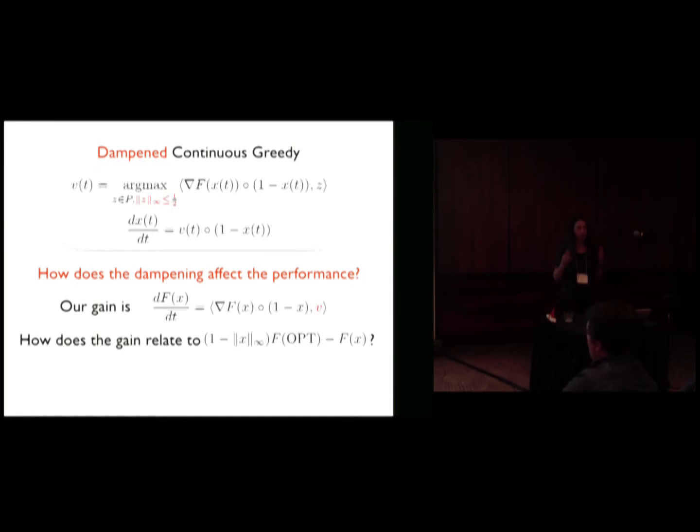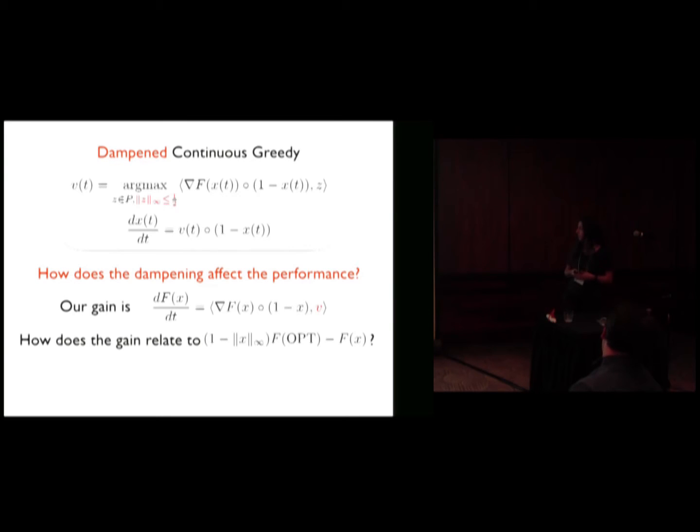So what does that mean, right? Let's go back a bit and think about our gain. Our gain, as I mentioned before, is given by the inner product between the gradient and the direction in which we move. So for the rest of the talk, the gain of a vector will be the inner product with the gradient. That's how we're measuring how valuable vectors are. Previously, when we had no dampening, the optimal solution itself was a candidate direction.